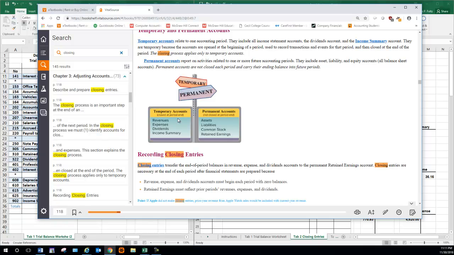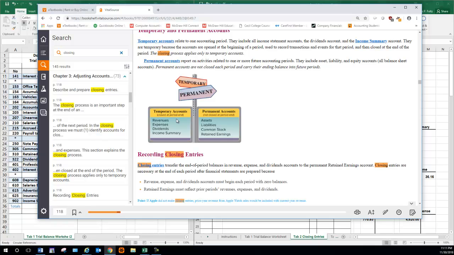So we're going to close the accounts. I think probably we're going to be closing just the month of May. So we're going to close our temporary accounts out at the month of May, which means that we're going to close them out so that they end up with a zero balance to start the next period.